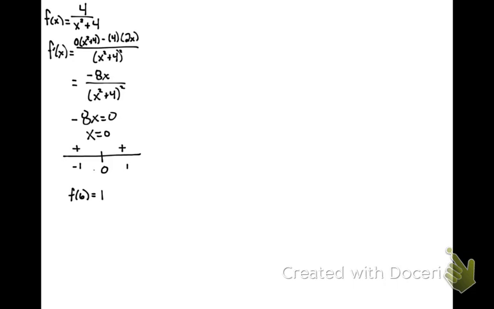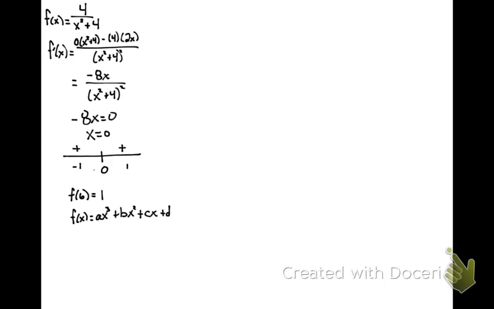Well, so f of 6 equals 1. A couple things. We know that if this is a cubic, then it will be of this form, ax cubed plus bx squared plus cx plus d.